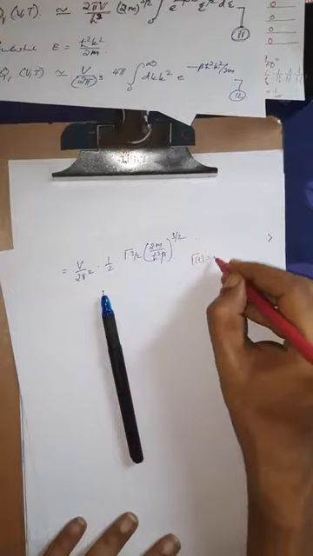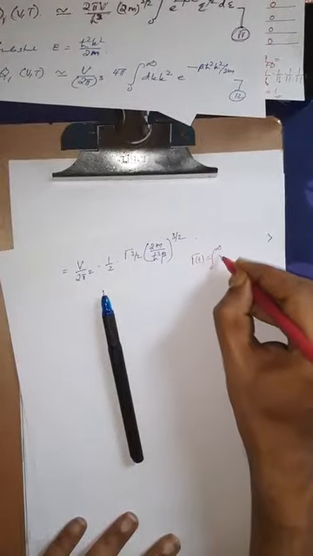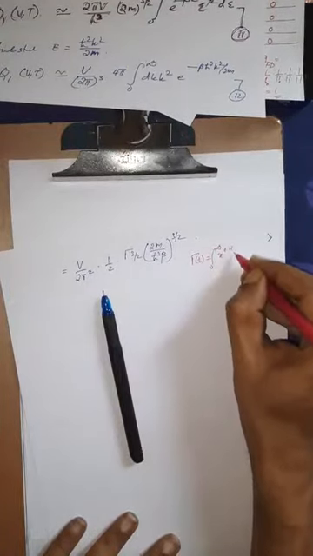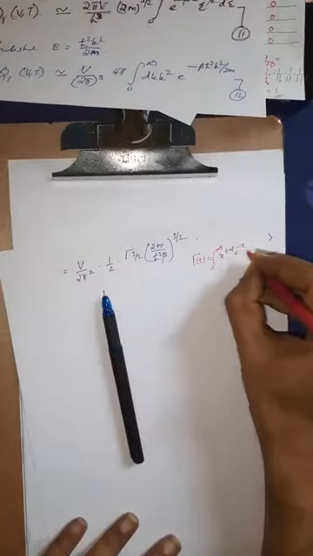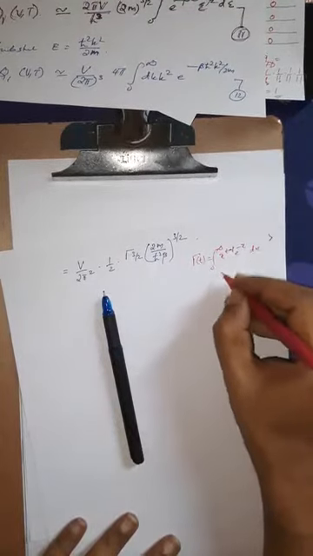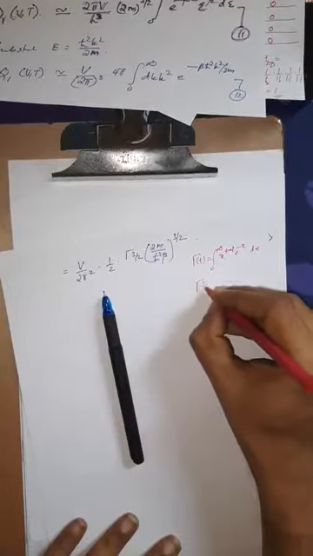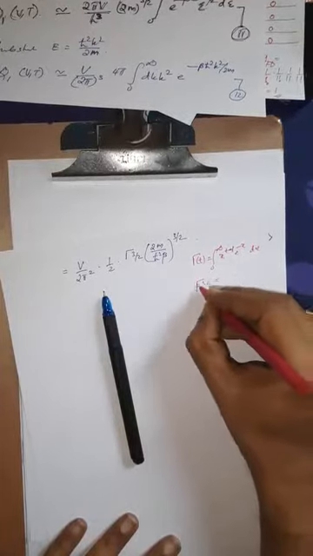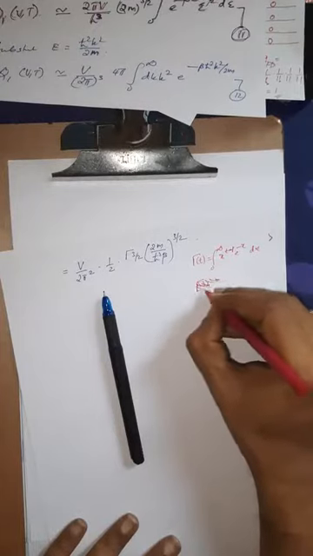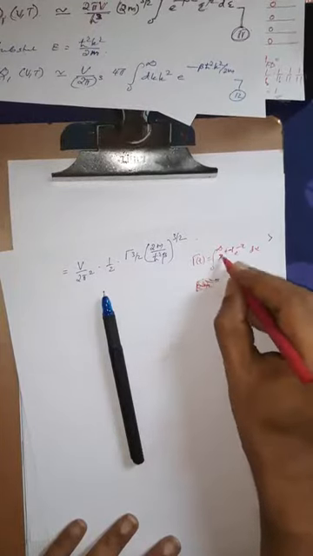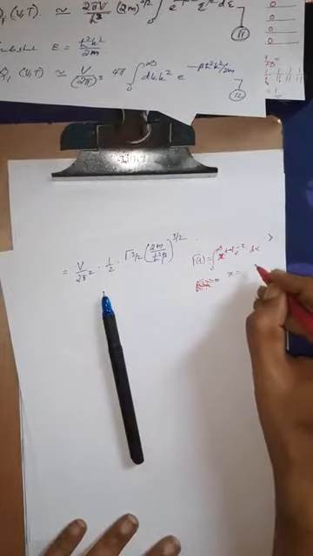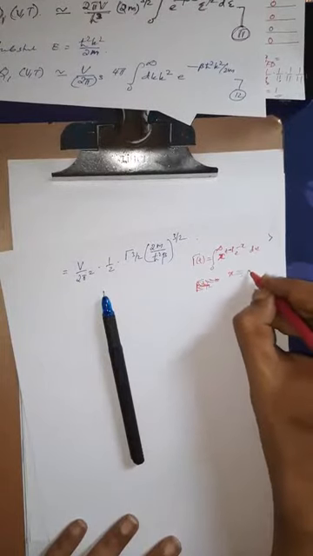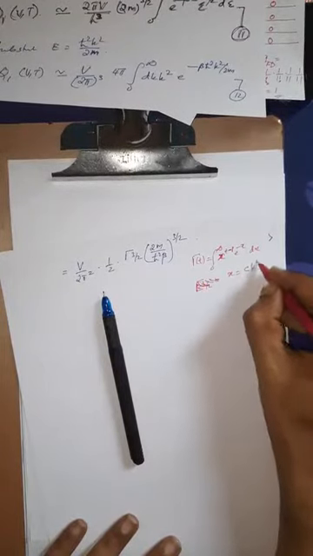Gamma of t is equal to integral 0 to infinity x raised to t minus 1 e raised to minus x dx, right? So therefore gamma of 3 by 2 is equal to... and for making this kind of conversion I will assume my x is equal to some constant into k squared.